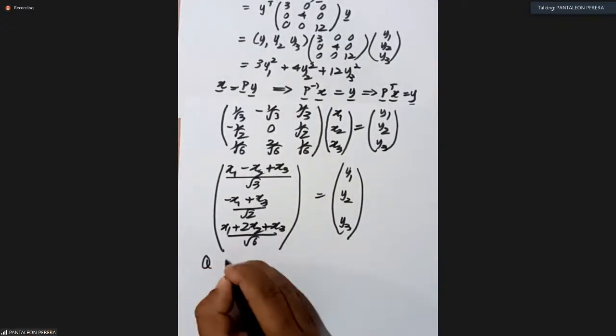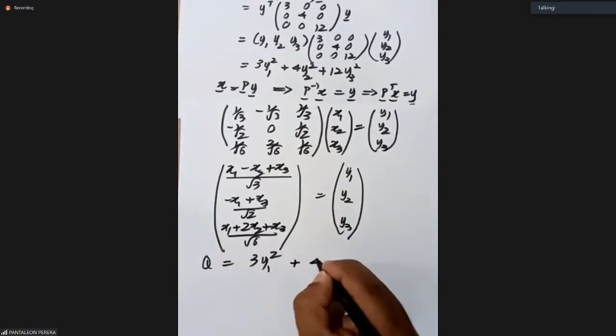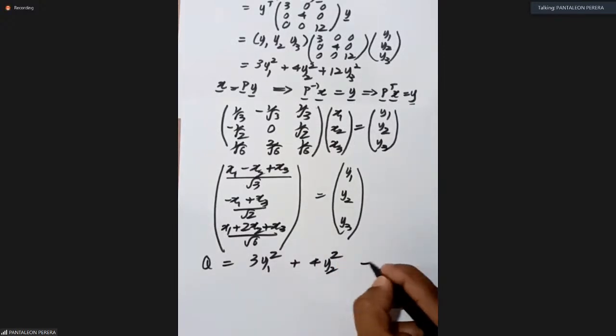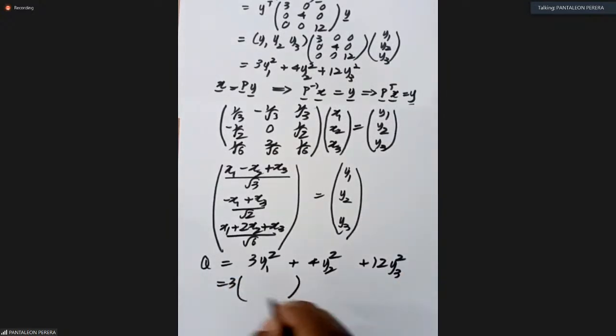Now, our quadratic form is this, right? 3y1 squared plus 4y2 squared plus 12y3 squared. So this is a complete picture. Now you substitute this.